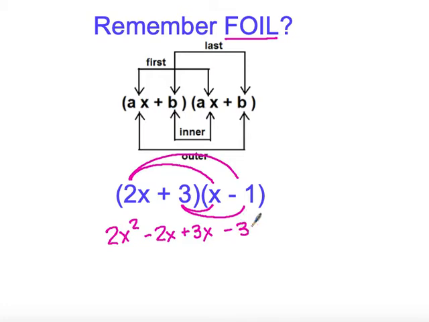Now, if I break down what this multiplication of two binomials gives me, it gives me 2x squared minus 2x plus 3x minus 3. But we can go back and simplify and collect our like terms, which become those outer and inner numbers. Those are our like terms. So when we simplify this, we end up with 2x squared plus 1x minus 3.